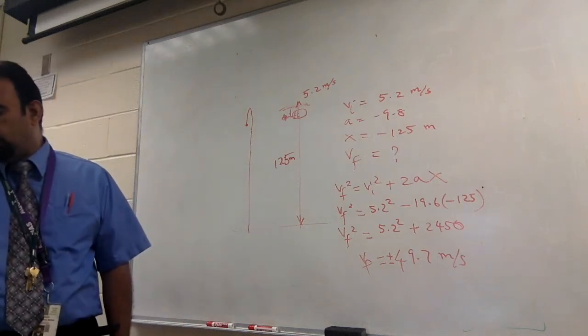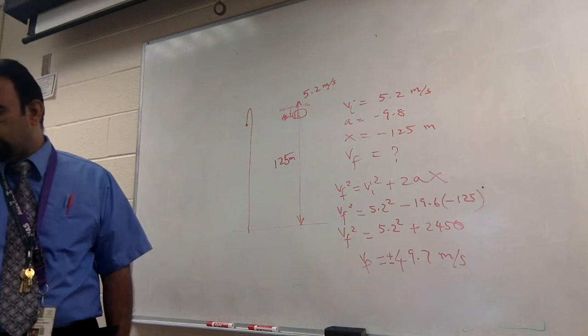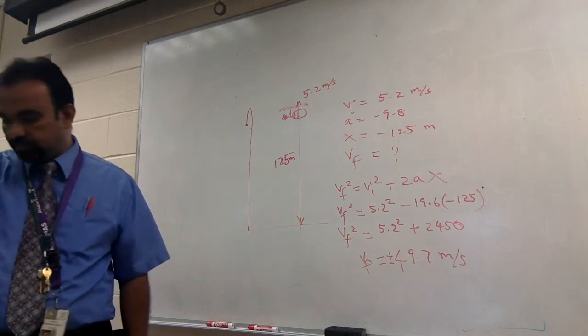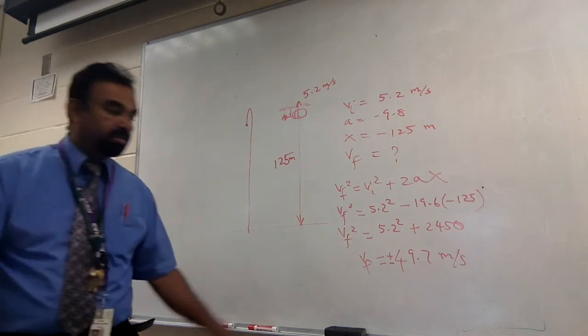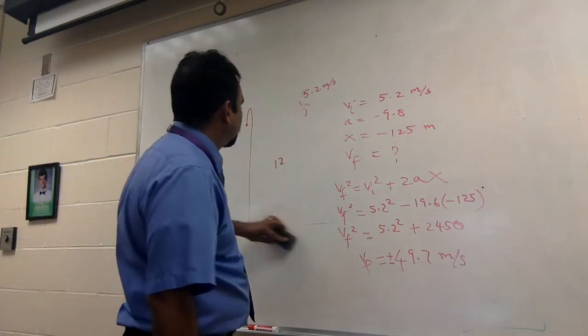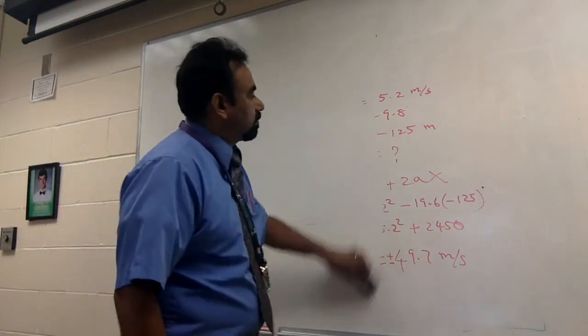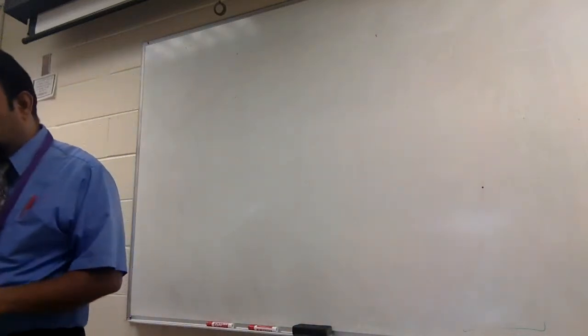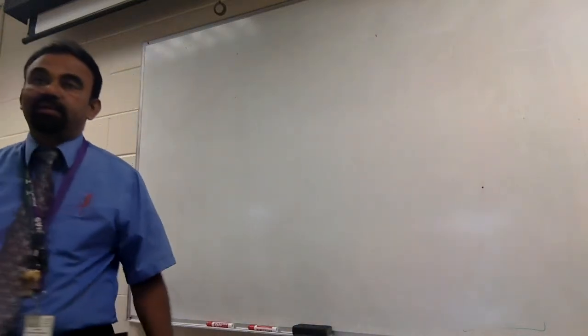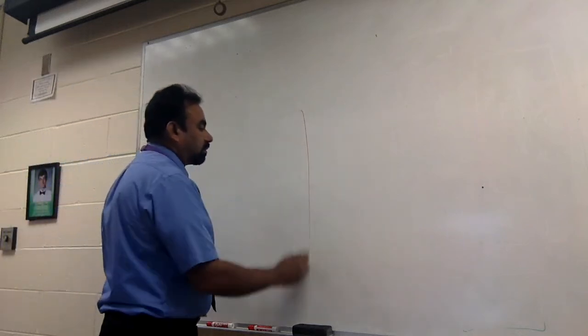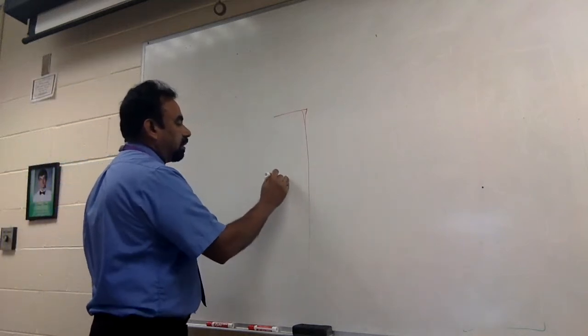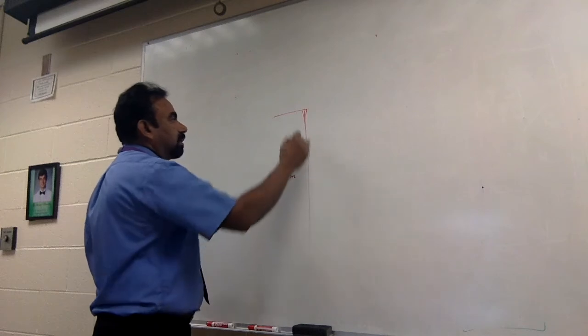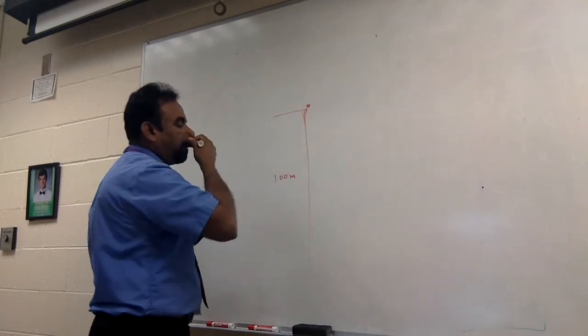Another question. A ball is thrown down at 20 meters per second from the top of a building. So the building is 100 meters tall, and a ball is thrown down at 20 meters per second.